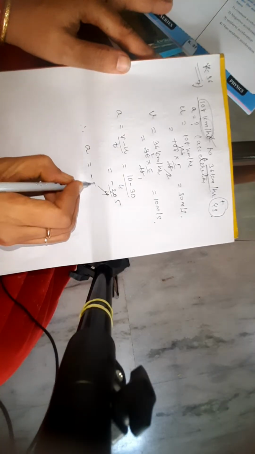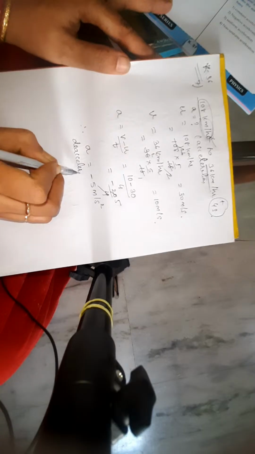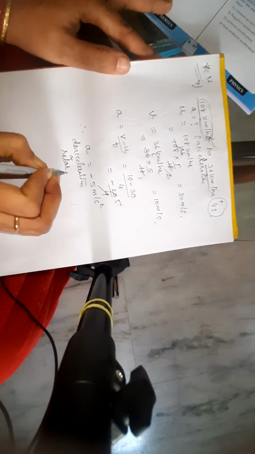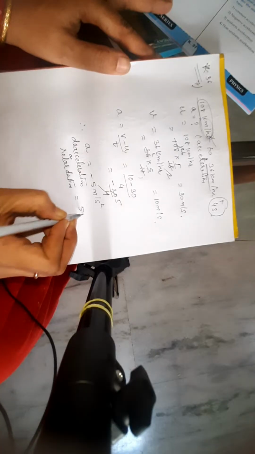If we write this in the form of acceleration, we need to represent it with a negative sign. If we write the same thing in terms of deceleration or retardation, in that sense the answer will be 5 meter per second square.